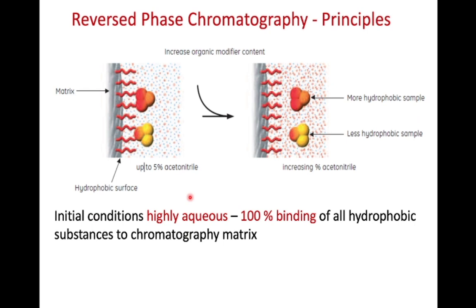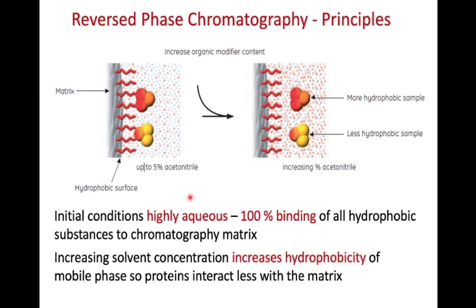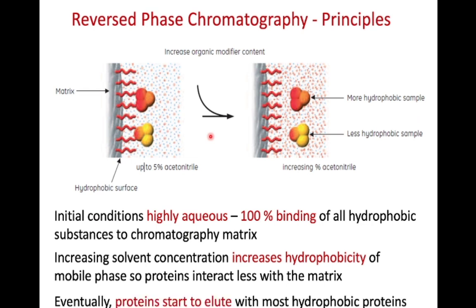But by increasing the solvent concentration, we increase the hydrophobicity of the mobile phase, and so the proteins then interact less with the matrix. So it's a good polishing step to remove any remaining contaminants in our sample. Eventually the proteins start to elute, with the most hydrophobic proteins eluted last.